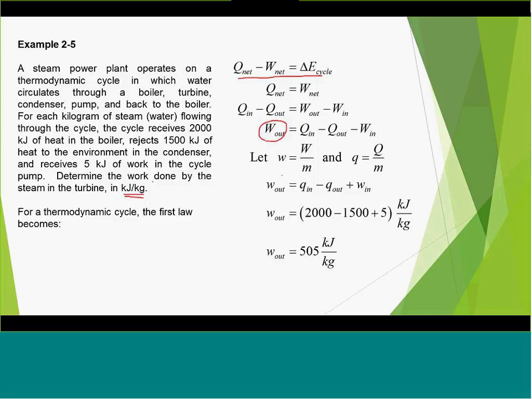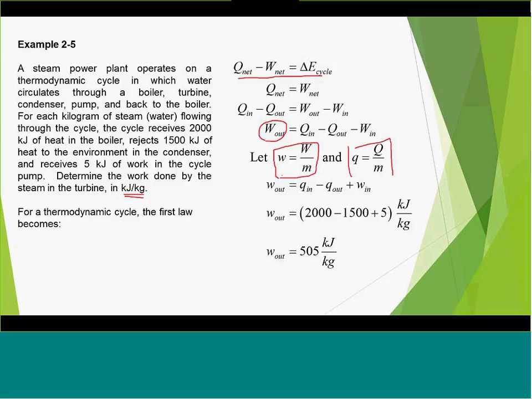We need to determine the work done by the steam turbine in kilojoules per unit mass. So we need to identify w equal to W over m, and q equal to Q over m.